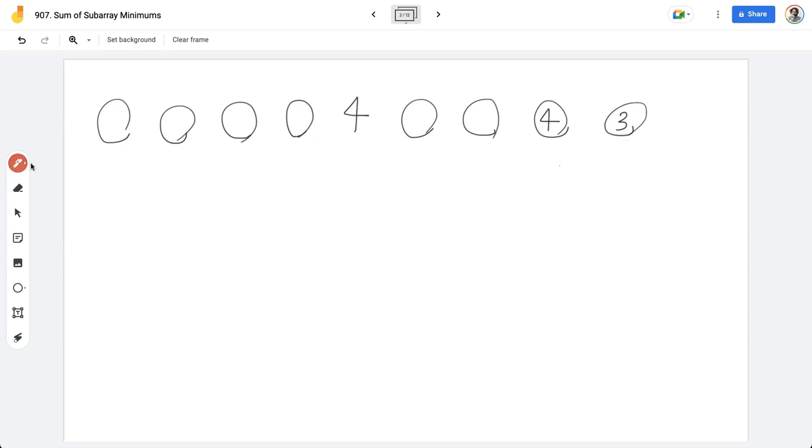The point is that if we include this 4, then there is some subarray like this one that is going to be counted twice, once by this 4 and once by this 4. So in order to fix this, we are gonna make a rule so that each subarray is only counted once.